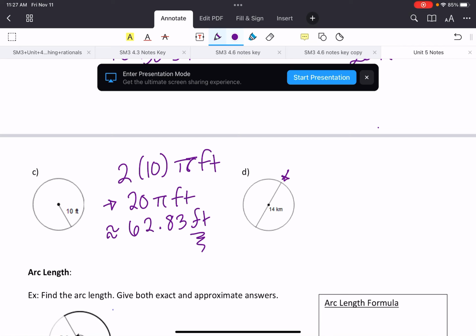This one, the diameter is 14. Your radius is 7. We just need one of those.